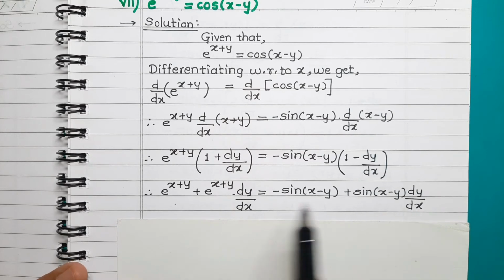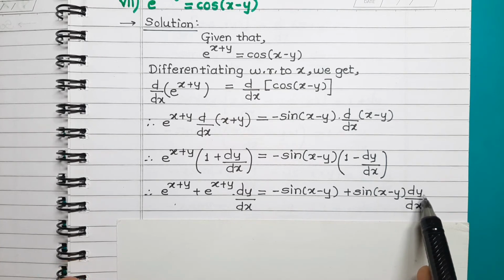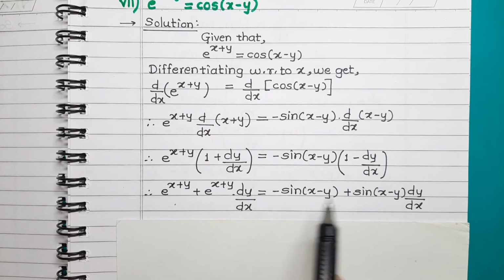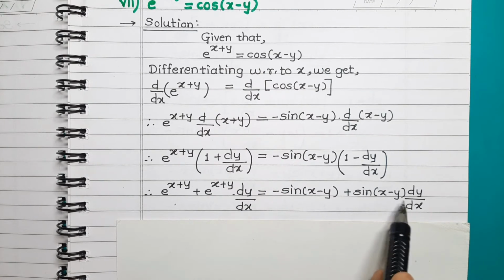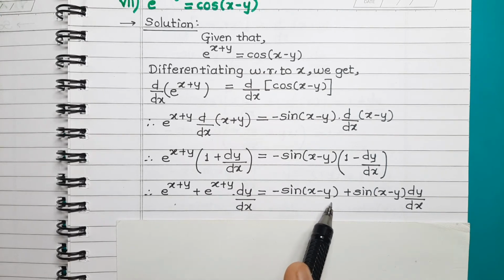Now at this step you observe these terms. This term contains dy by dx and this term contains dy by dx. So let's collect these two terms containing dy by dx on LHS and let us shift this term on RHS.